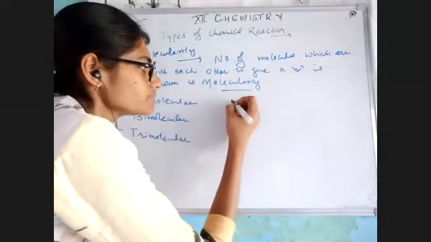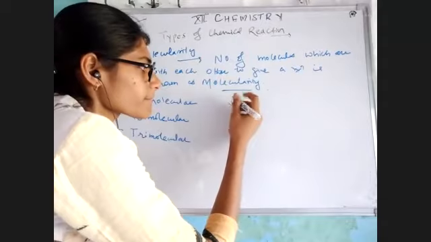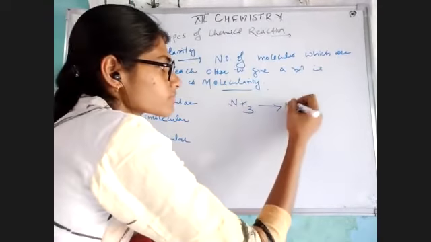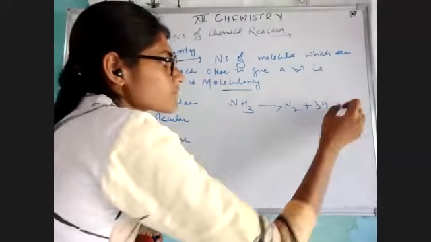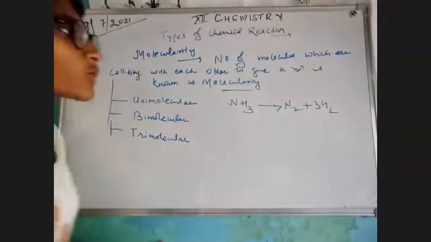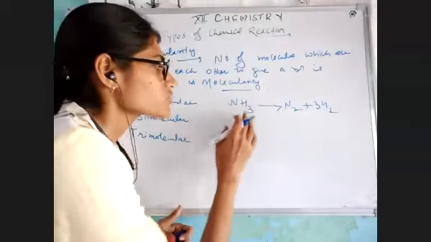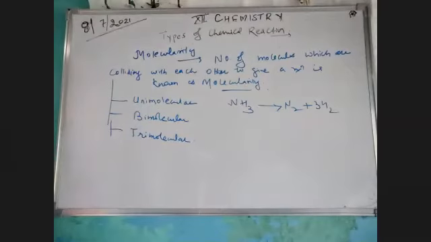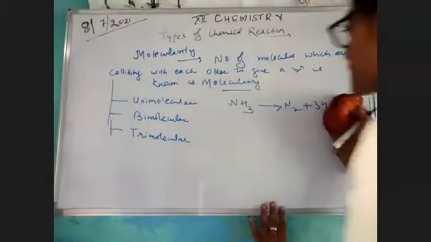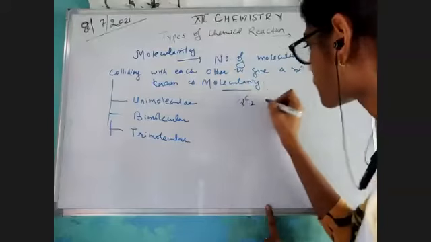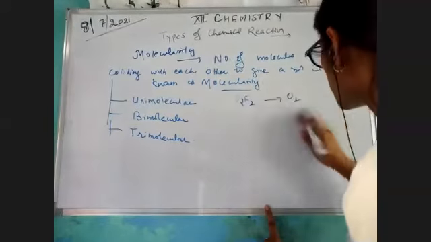For example, I have just remembered a particular example in my mind. The reaction is not balanced. Suppose this is given as O2F2, that means fluorine oxide.